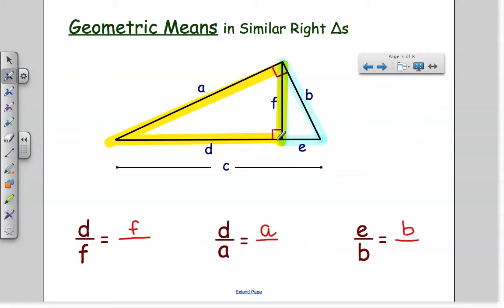Here's D, this length here, and F is here. What triangle are D and F both in? They're both in the yellow triangle. And then what would you call D and F for that yellow triangle? Short leg, long leg, hypotenuse. For this yellow triangle, D is the longer of your two legs. F in that yellow triangle is the shorter of your two legs.